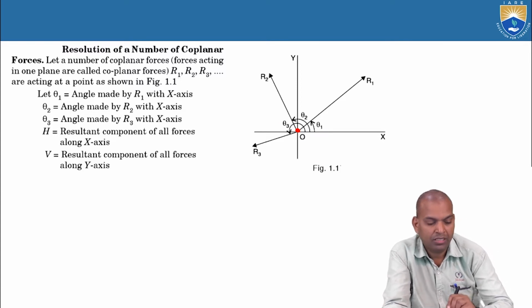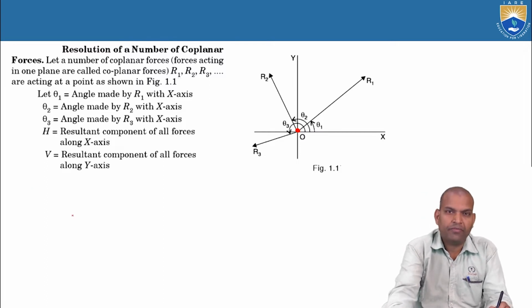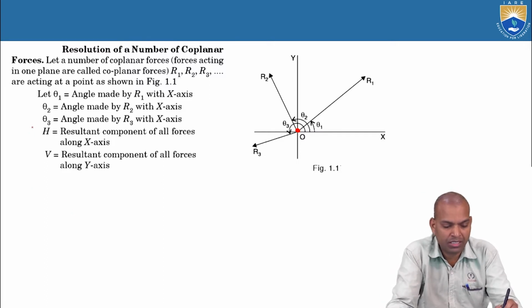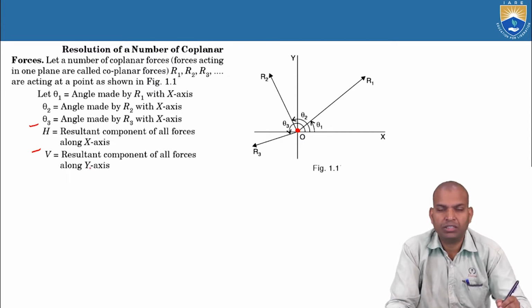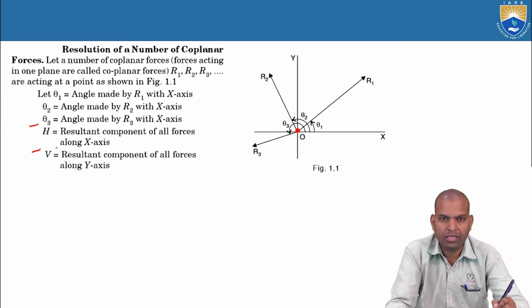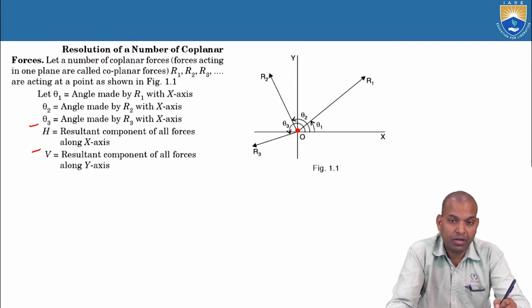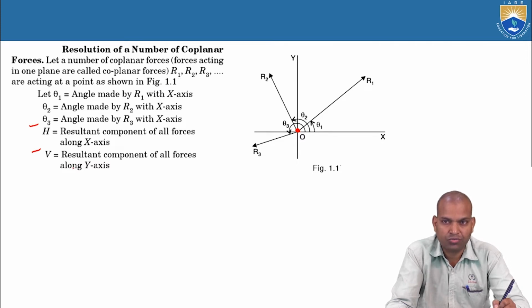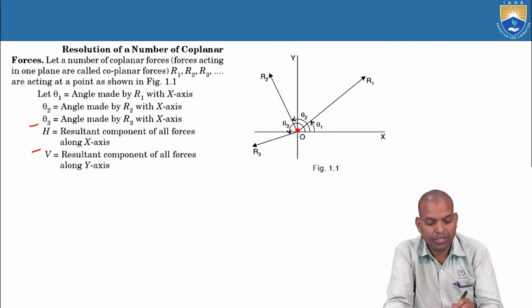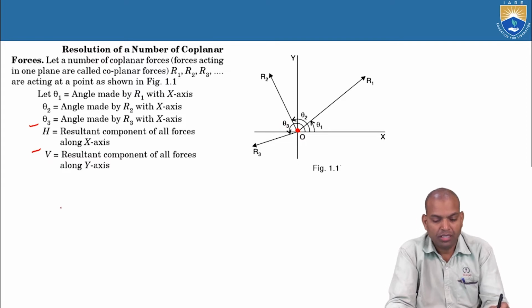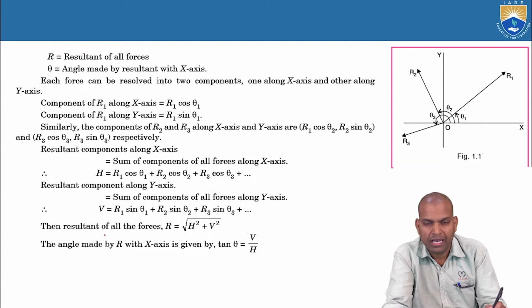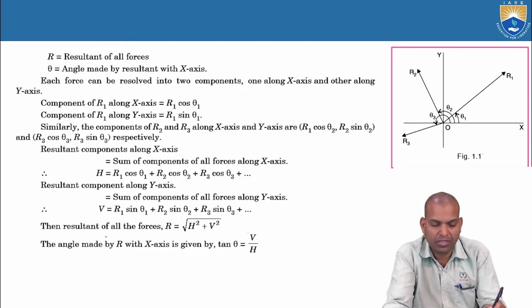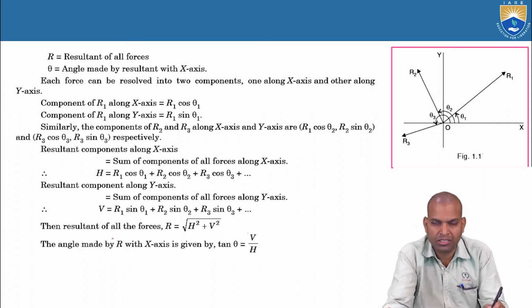One of the methods: we consider two more terms, H and V. H is the resultant component of all forces along the x-axis, and V is the resultant component of all forces along the y-axis. H, the resultant component of all forces on the x-axis, means R1 cos theta 1, R2 cos theta 2, R3 cos theta 3.